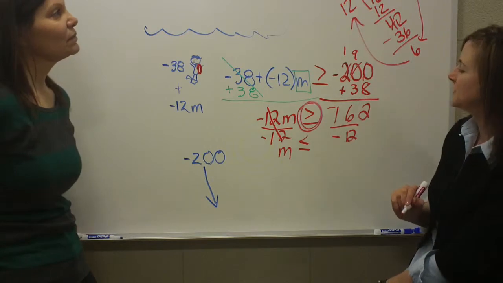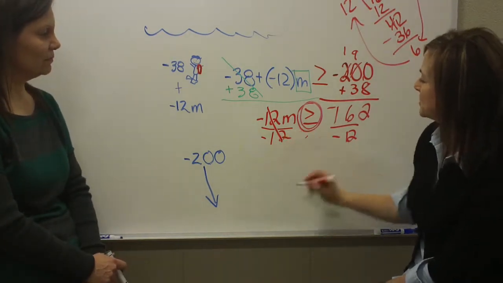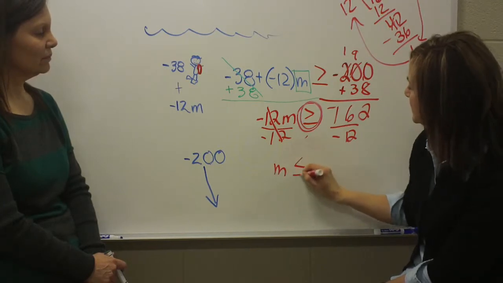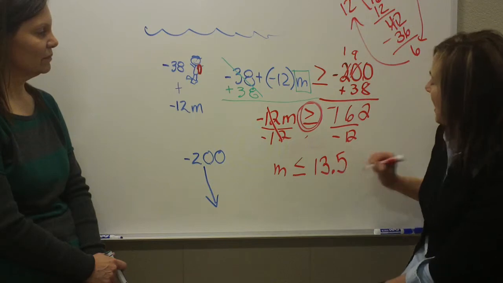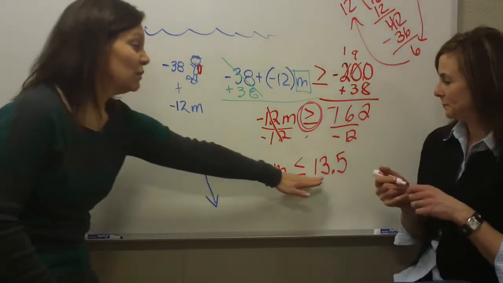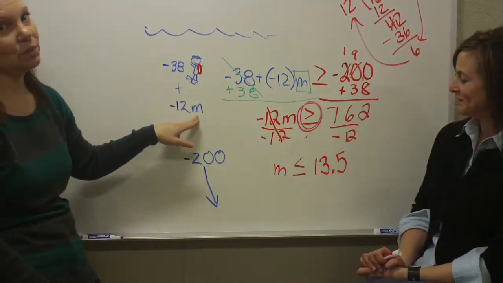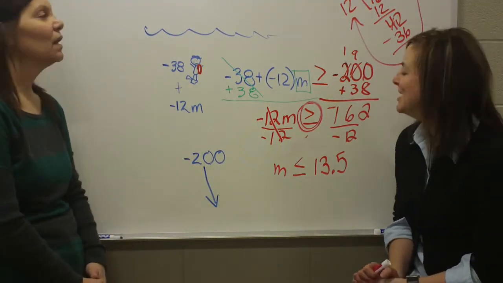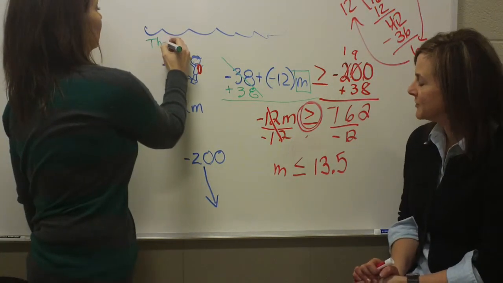If you did it on your calculator, it's going to look like 13.5. So let's go with that. I'm just going to move this down a little bit more so that it's easier to see. 13.5. And I have same sign, so it's positive. Which is good because remember, we're looking for how many minutes, and so minutes should be a positive number. So, how are we going to write our phrase so that we can give our answer?